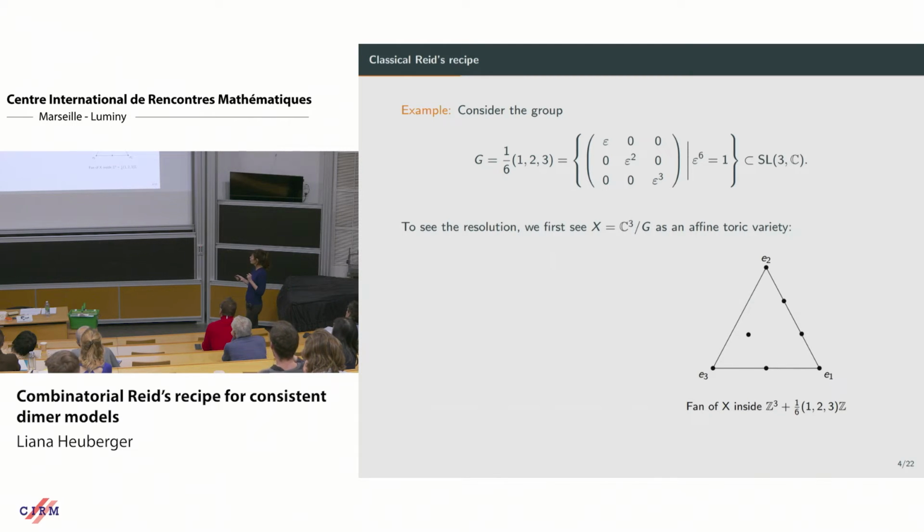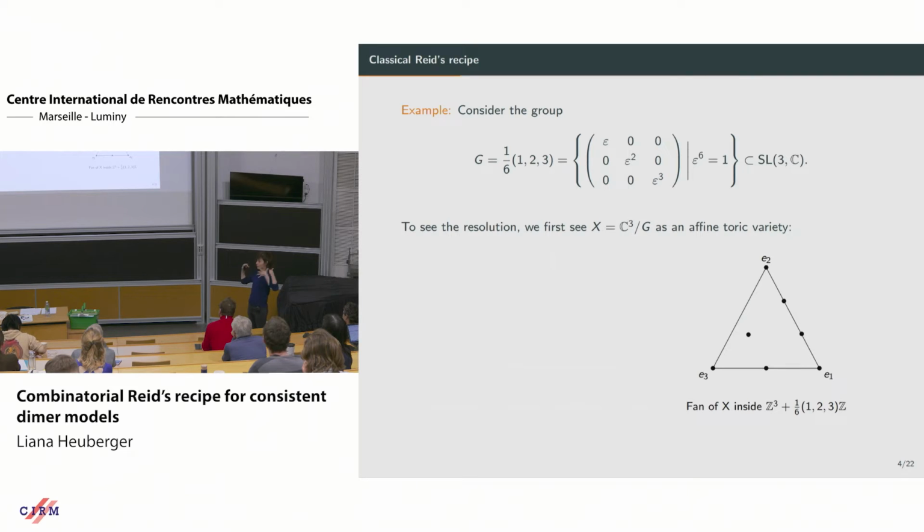And the way we build this singularity here is by first taking the cone generated by the basis of Z3 and then introducing the point 1/6(1,2,3) here. So I am just depicting a slice of the cone at height 1. This is why we have a triangle and not some complicated drawing. This is the point that I introduced, the point 1/6(1,2,3). This is the slice of the plane x plus y plus z equals 1. This point belongs to that plane, okay?